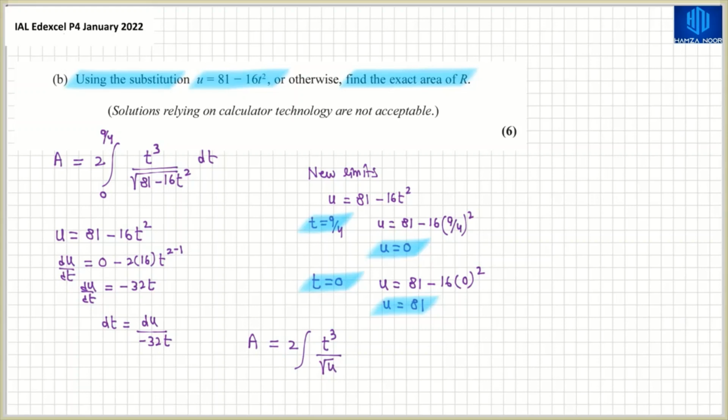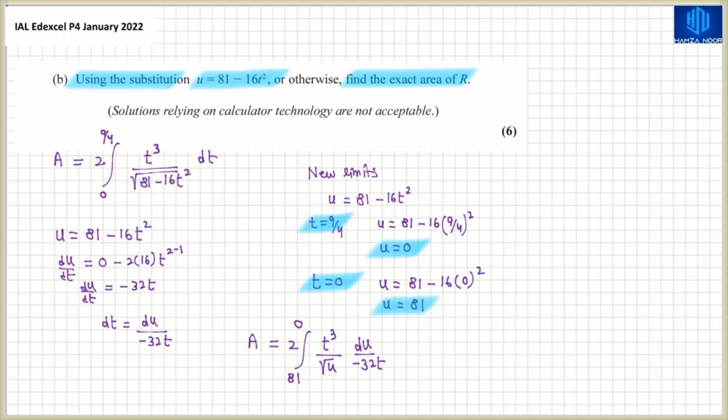In place of dt, we can write du divided by minus 32t. And here we will put the new limits. When t is equal to 9 over 4, u is equal to 0, and when t was equal to 0, u was equal to 81.